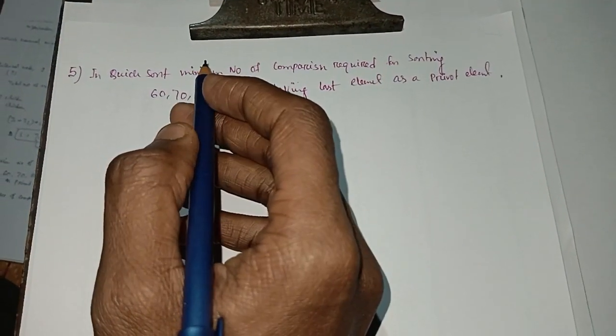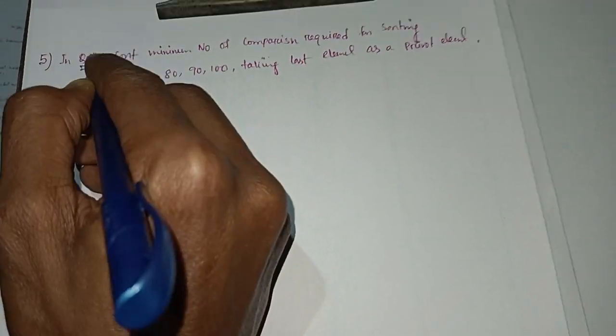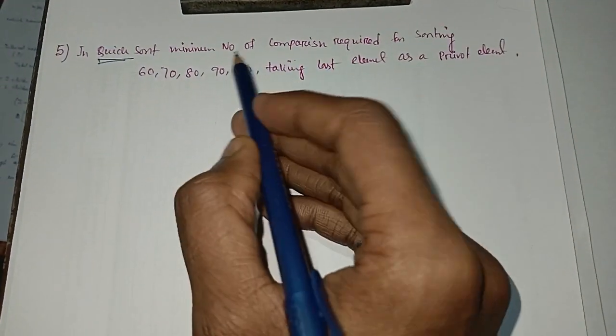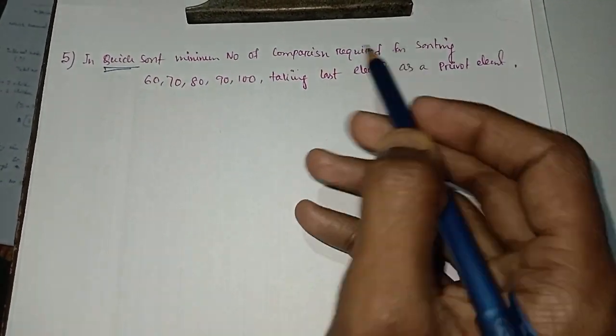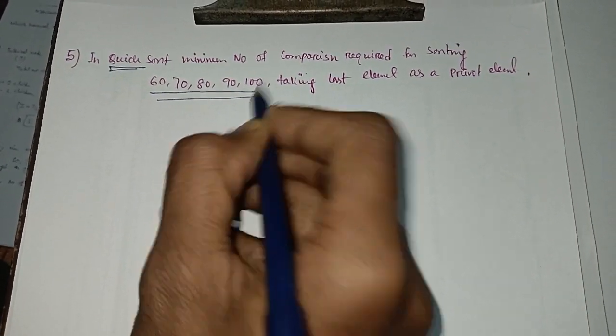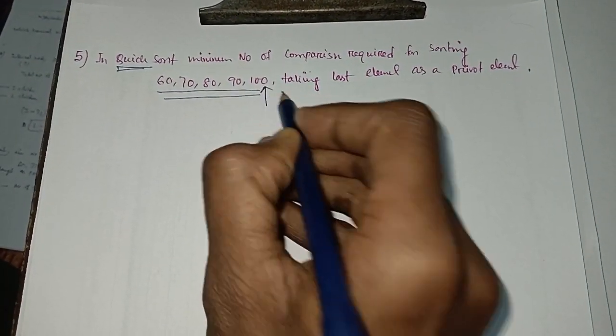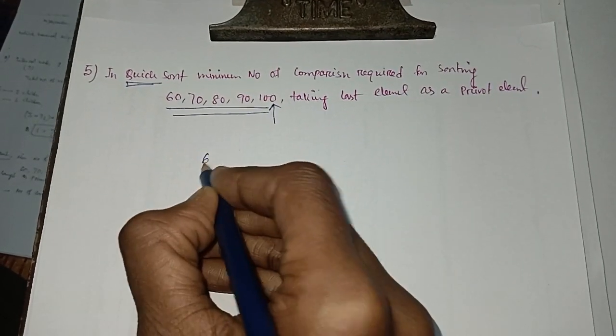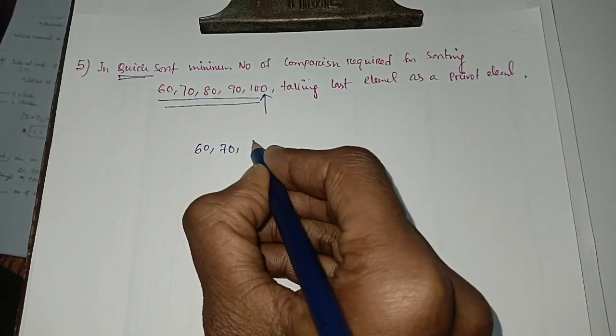So the next question is from quick sort, from the algorithm portion. We have to find the minimum number of comparisons needed for sorting the array. We take the last element as the pivot element.